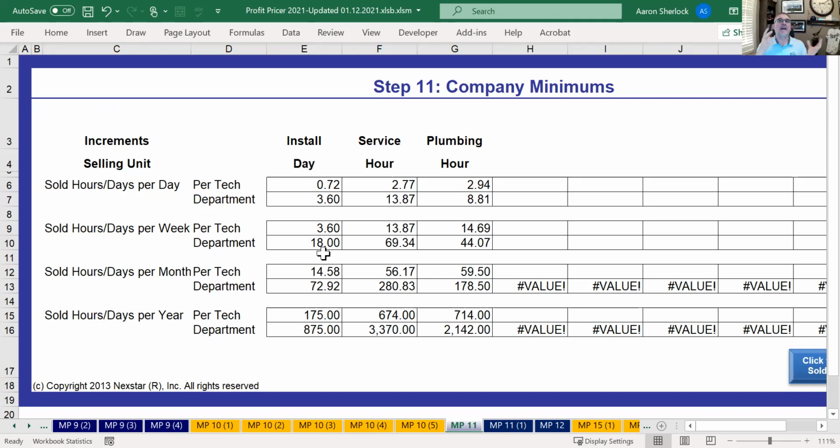But you've got some buffer in here. You're looking for 3.6 days a week per crew. That means they have a day and 40% to fill it out because they may have to go back or whatever, inefficiency. Or maybe we don't have the sales to do it, whatever that means. One of the two, yeah.